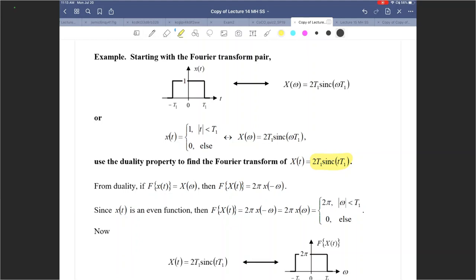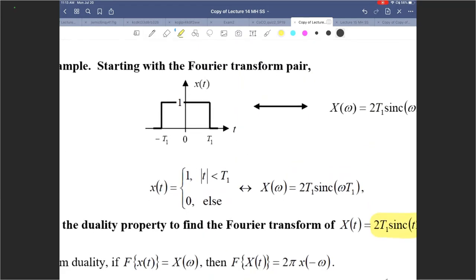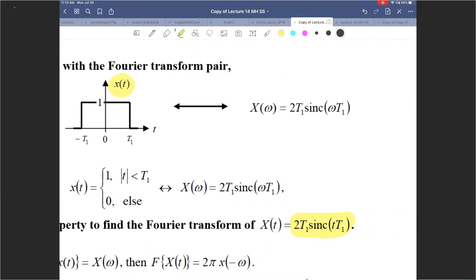So we start off with the Fourier transform of x of t, which is, let's see, right here. Cap X of omega is 2 t1 sinc omega t1.